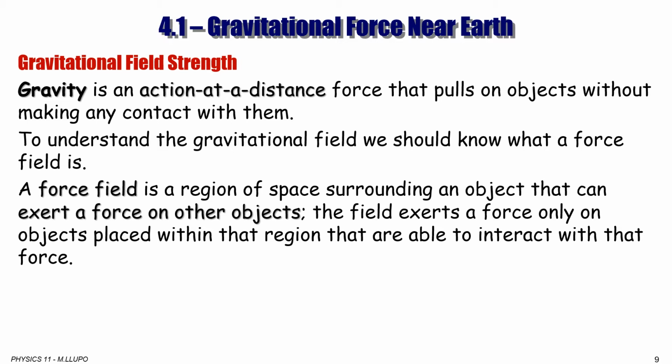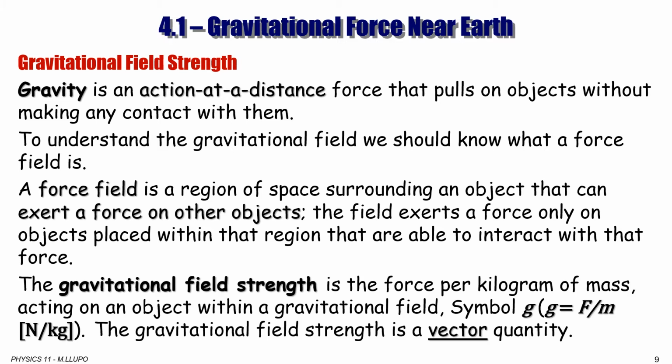More about this you're going to learn in chapter 6 in grade 12. But for now, that is enough. Gravitational field strength is the force per kilogram of mass acting on an object within a gravitational field.